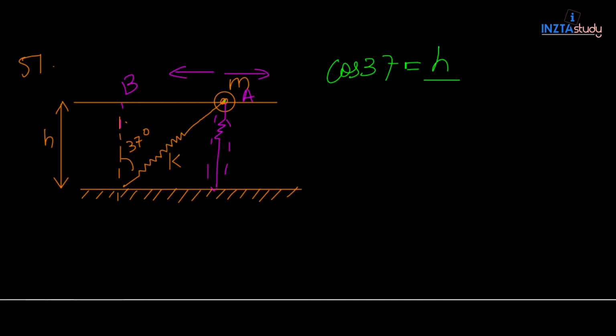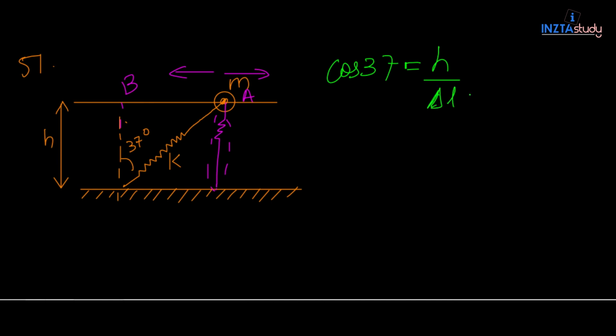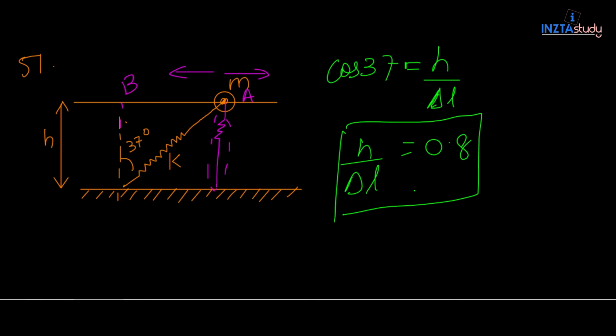So cos 37 equals h by the extended length, which is del L. Cos 37 is 0.8. This is the first term which we can keep for reference.